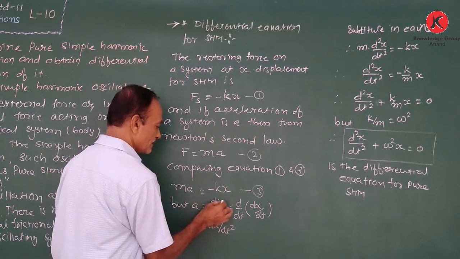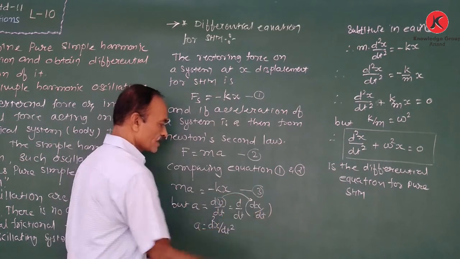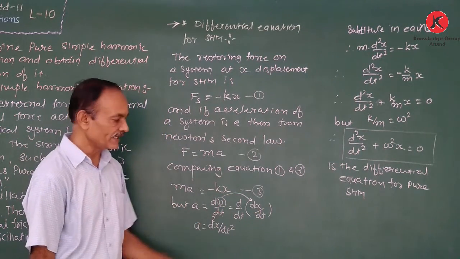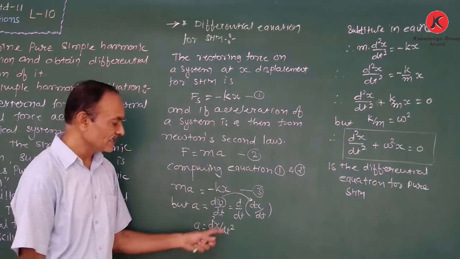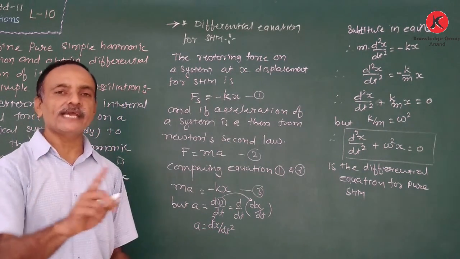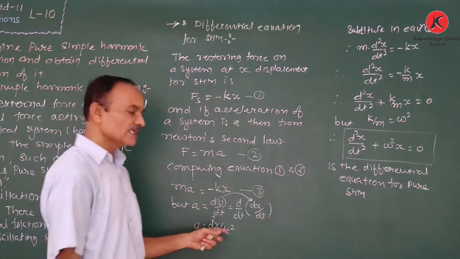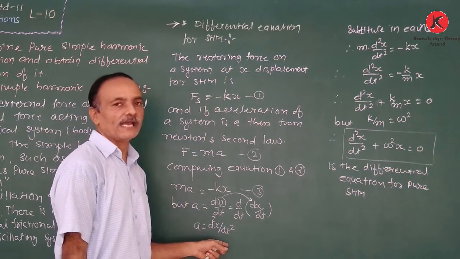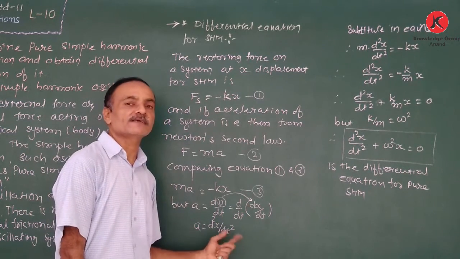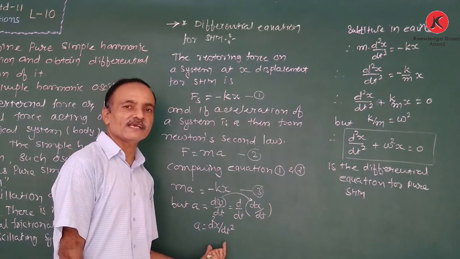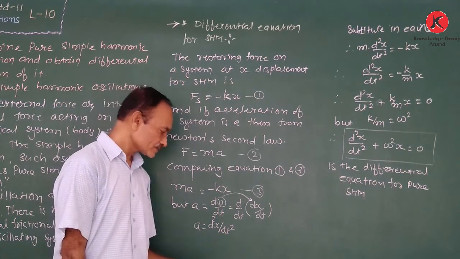Now we substitute the value of v. v is equal to dx by dt. Therefore, a is d square x upon dt square, the double derivative of displacement with respect to time. Already we discussed this concept in chapter 3 to obtain the equation of acceleration.